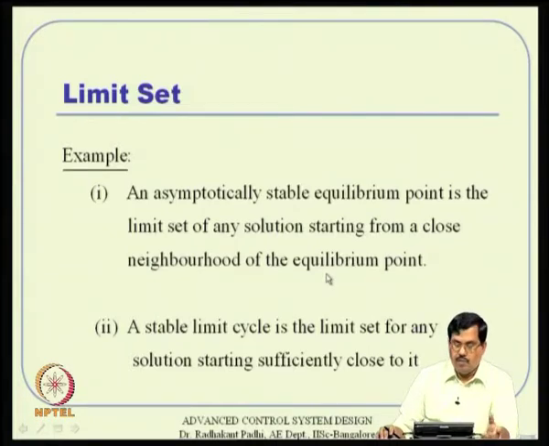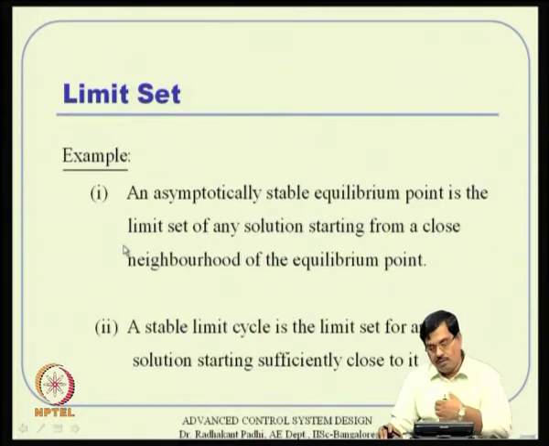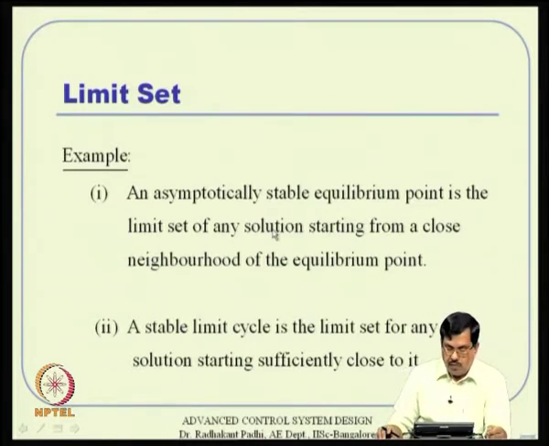If it starts within a closed neighborhood, obviously the trajectory is going to go to the equilibrium point. So, obviously that becomes a limit set. As t goes to infinity, in the limit this x of t will go to that particular set. And a stable limit cycle is the limit set of any solution starting sufficiently close to it. So, that is a definition sort of thing.